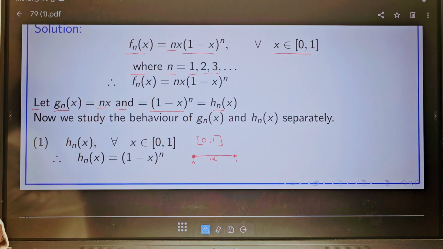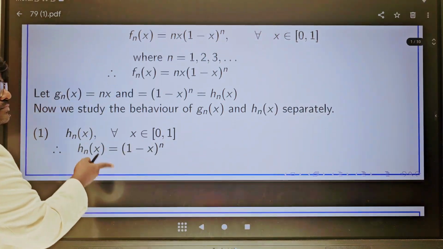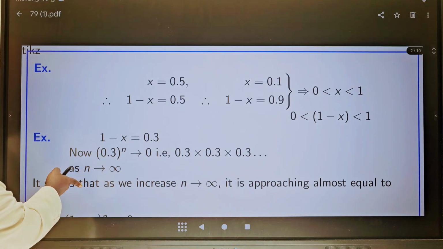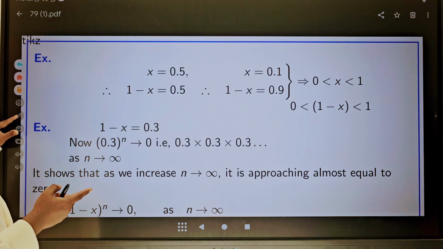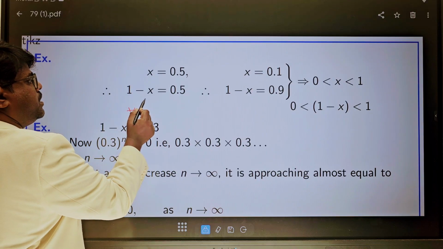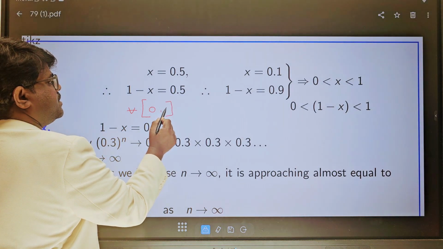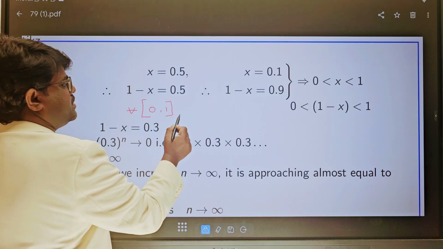Now we will check the behavior of (1 minus x) to the power of n and the behavior of n times x. For all x in the closed interval 0, 1, the domain is given.